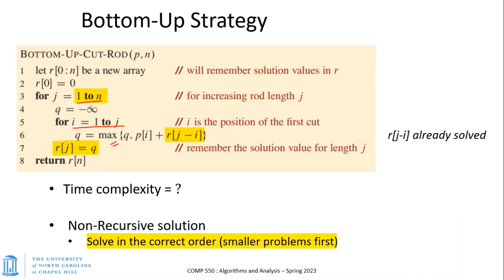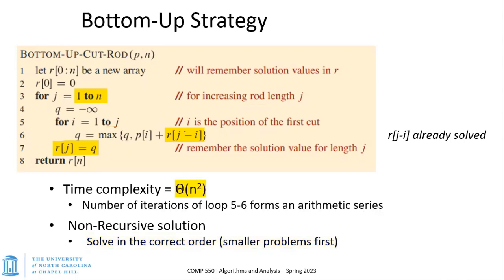Okay, so it's not going to be linear because it has a nested loop. j is equal to 1 to n, and i is equal to 1 to j. So it's not completely obvious, but you can see that the number of iterations of loop 5 to 6 is going to be an arithmetic series. Okay, and so that gives you an order of, or theta of, n squared, which is basically n times n minus 1, something like that, divided by 2.